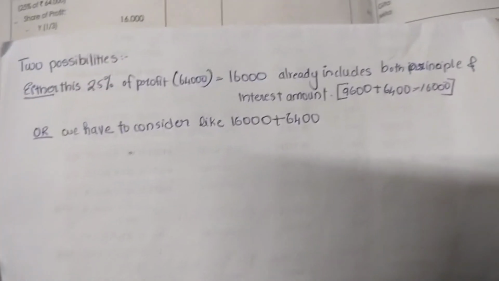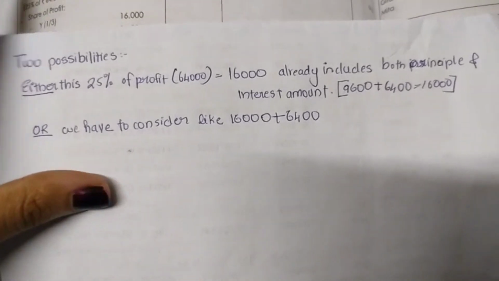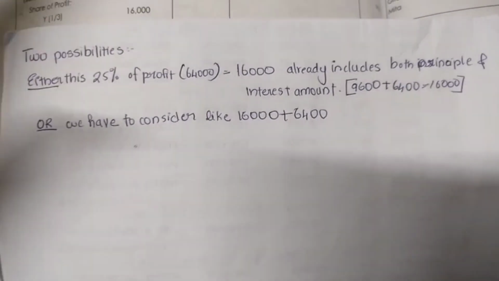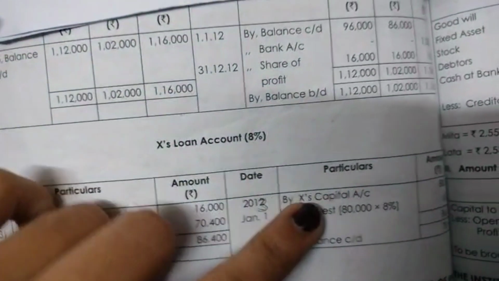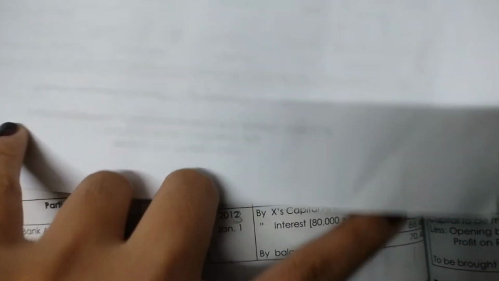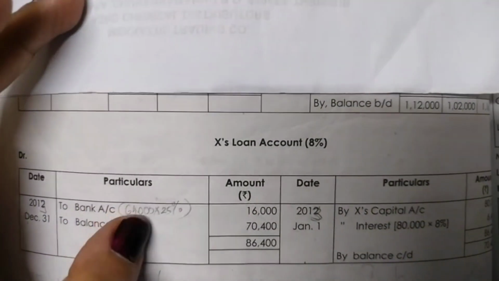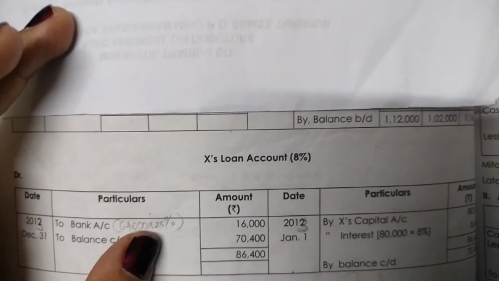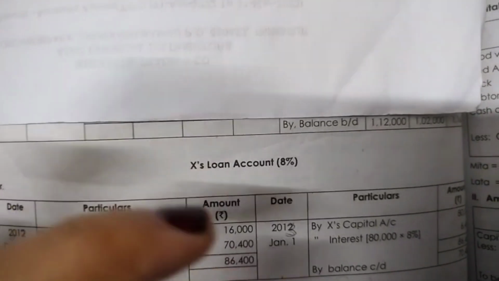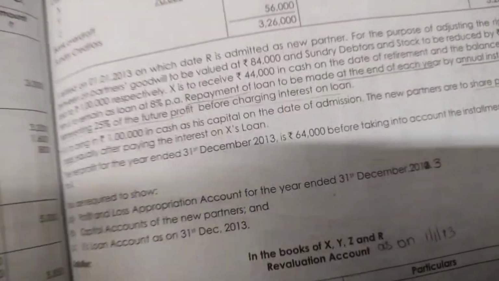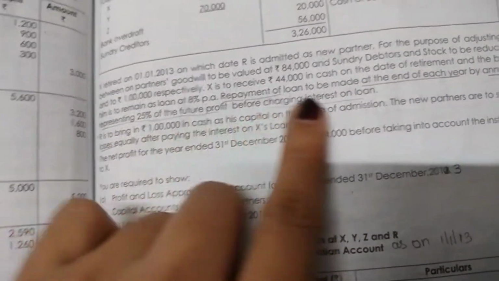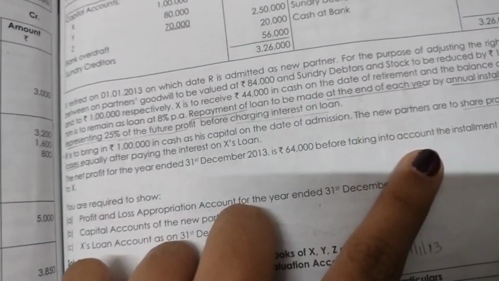So I have come up with two possibilities when we are preparing the loan account. As you have already written, interest is going to accrue at the end of the year, right? At the end of the first year, 6,400 came here, and here they are writing the amount which we are going to pay. When you see the question, they have told us annual installments.